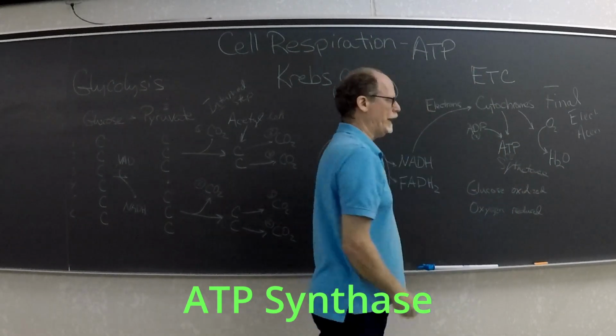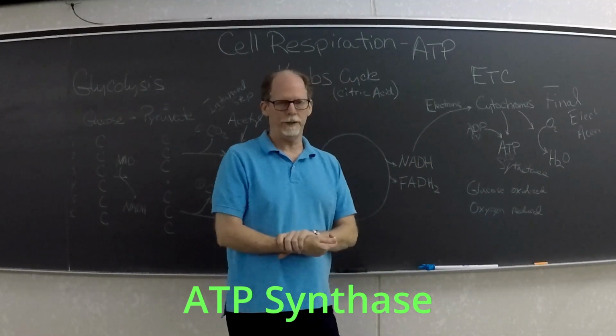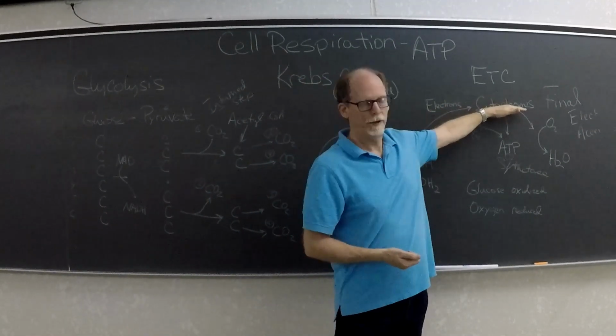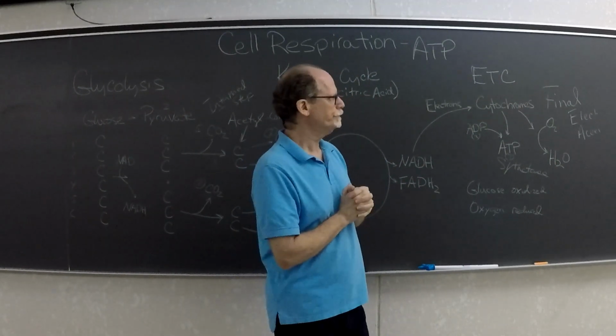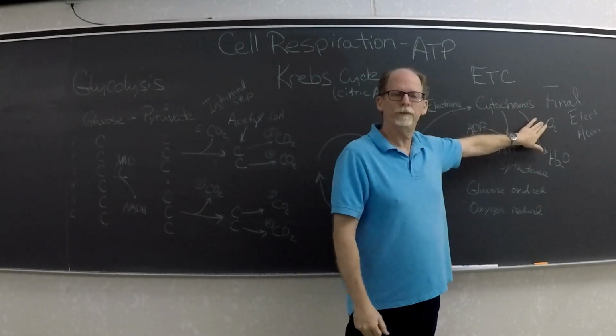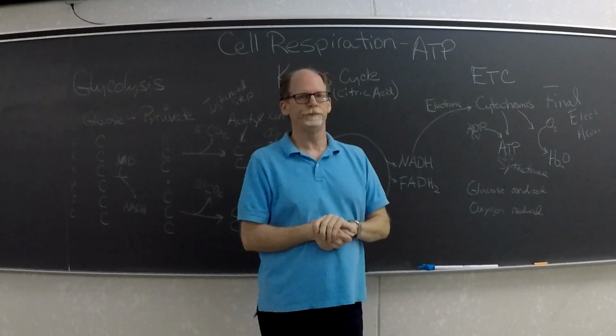It synthesizes ATP. It converts ADP into ATP, as long as we're feeding electrons through the cytochromes at the electron transport chain. The cytochromes feed the electrons to oxygen. It's reduced. Oxygen becomes water.